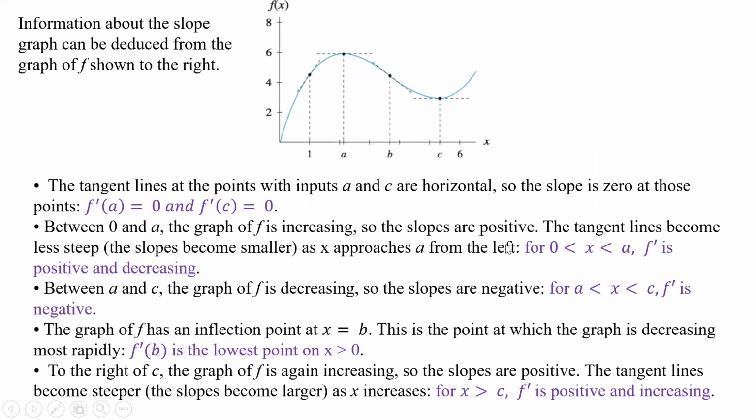Now, information about the slope graph can be deduced from the graph f shown to the right. So we're going to start with this graph, and it looks like it's probably cubic. If it keeps going down and up, it's probably cubic. Now, when we take the derivative of a cubic, if we start with an x cubed, we're going to get some kind of an x squared out of it.